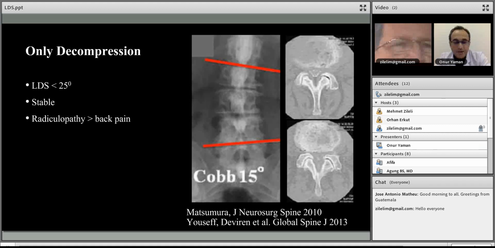So, in which cases do we have to decompress? Again, if the degree of the scoliosis is less than 25 degrees, and if the scoliosis is stable, and if the radiculopathy is the main symptom, we may only decompress the level.